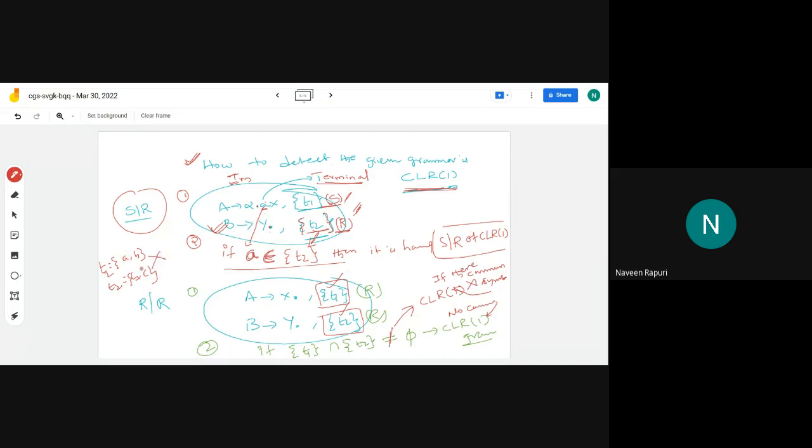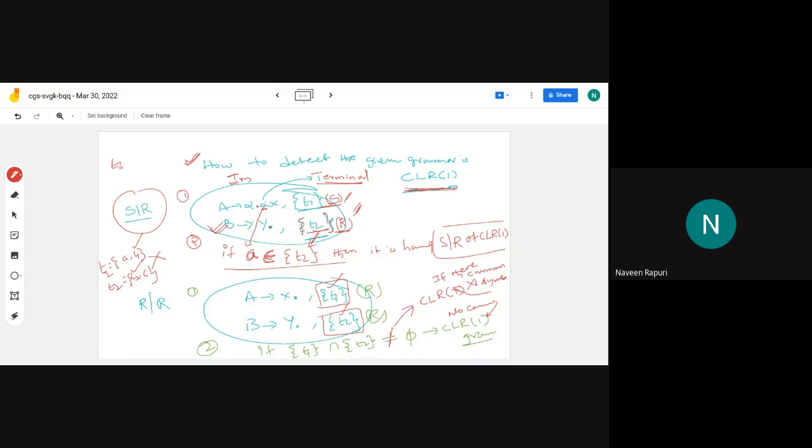It is not a CLR1 grammar. Why? Because here there is a B and here there is a B. There is no need to match all the symbols. If any one symbol is common, then we can say that that is not a CLR1 grammar.